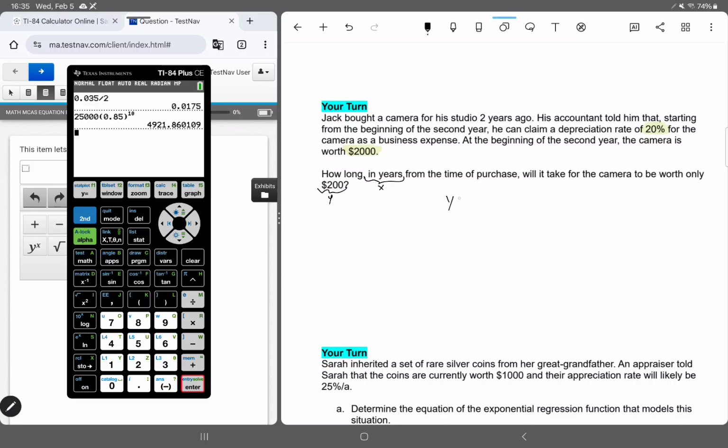So our original equation, y equals, well, our camera was initially worth $2,000. We're depreciating, so 1 minus our percent as a decimal. So let's simplify this. Wants us to figure out when we're going to equal 200.